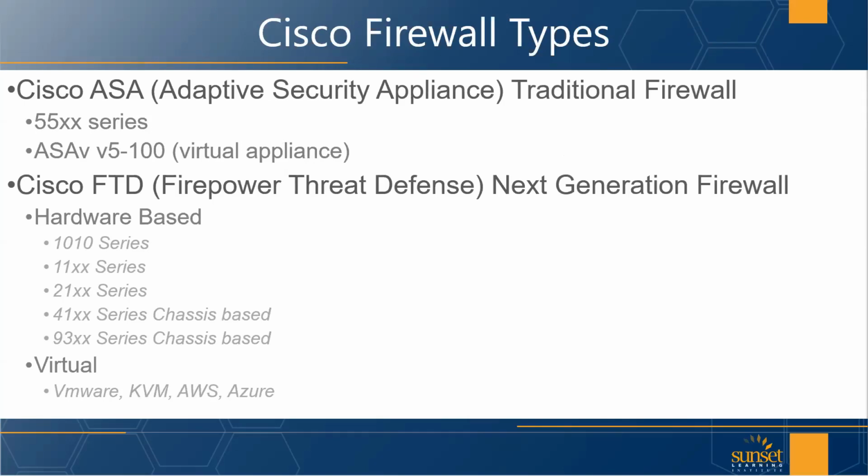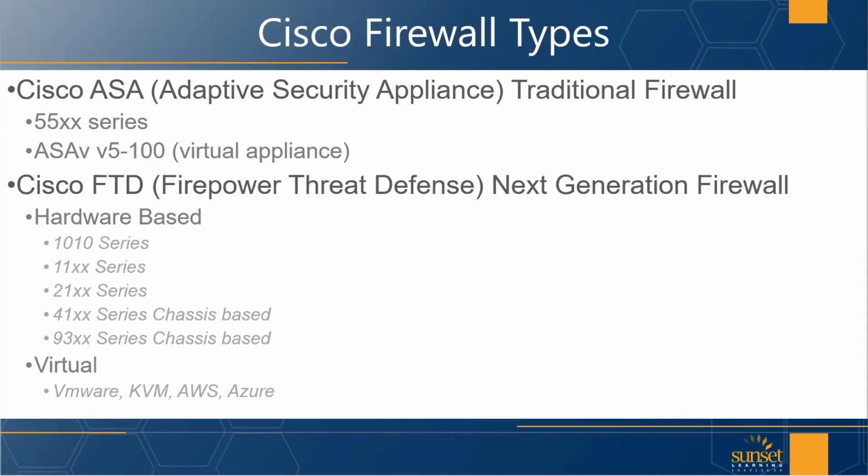Cisco firewalls and the types. So again, the traditional, and when we say traditional, these are Gen 2s, we have our 5500 series, and we have our ASAVs from the version 5 to version 100 series, which is a virtual appliance.